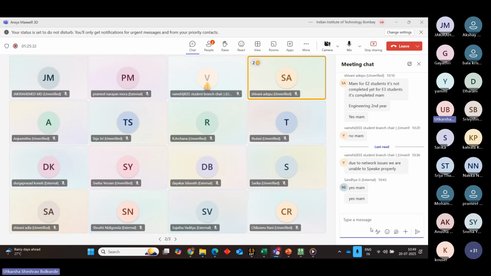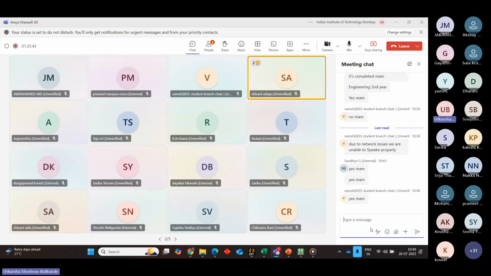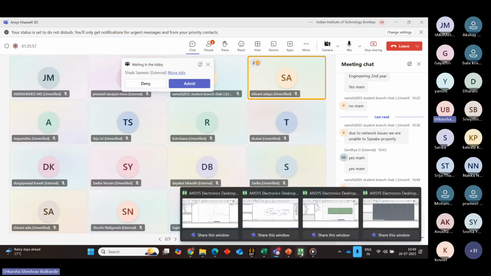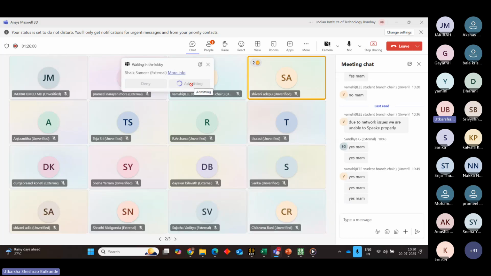Okay, so that's why I'm not able to hear you properly. Fine, now I understood. So Vamshi, you said that you will not be able to draw this. Now you understood how we have drawn the rectangular geometry? Okay. So should we proceed with the excitation and all? Fine. So at least you should have told me that there is some network issue in your campus.